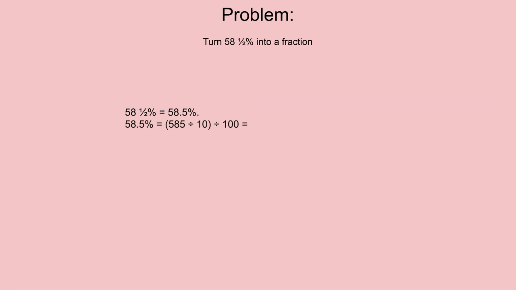Now I did this because percents is out of 100, and fractions are basically like division, so that's why I got the 100. And the 10 is there because the last digit, which is that 5, is in the tenths place. So that means we're going to be dividing by 10, and then we do 10 times 10 equals 10 times 100 equals 1,000.